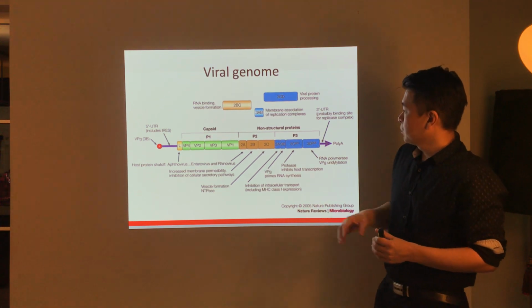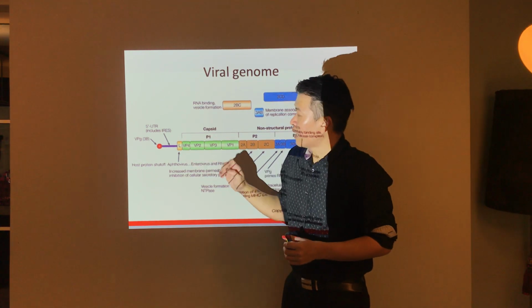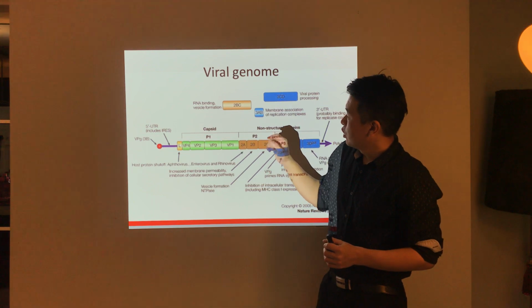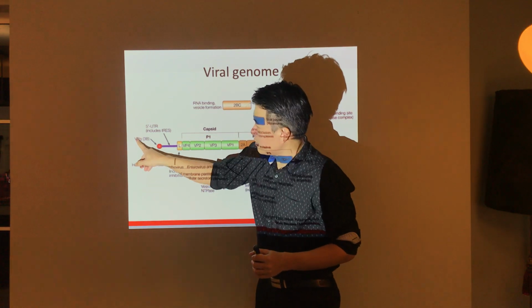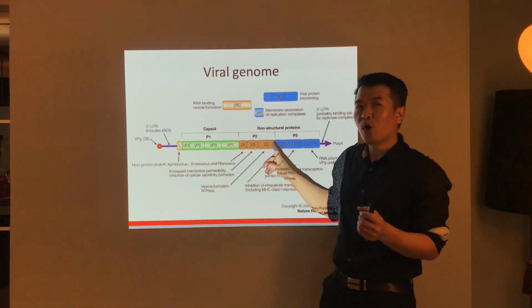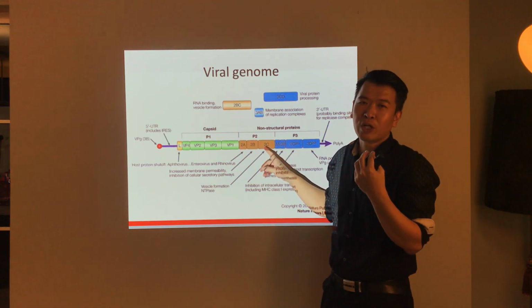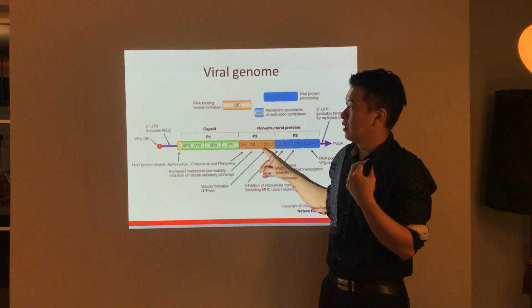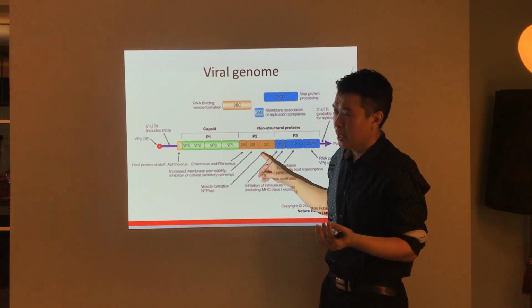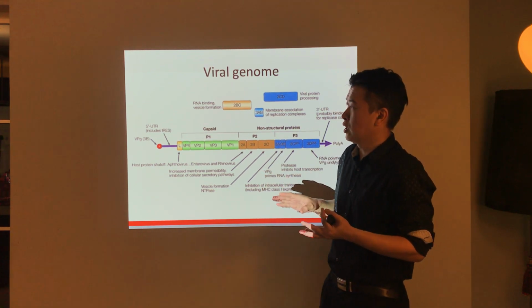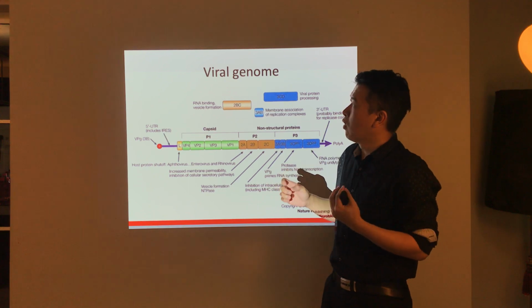Alright, the other thing I would like you to notice is that we all learn that the genome, DNA or RNA, should only contain nucleotides, and it shouldn't contain any protein covalently bonded to it.